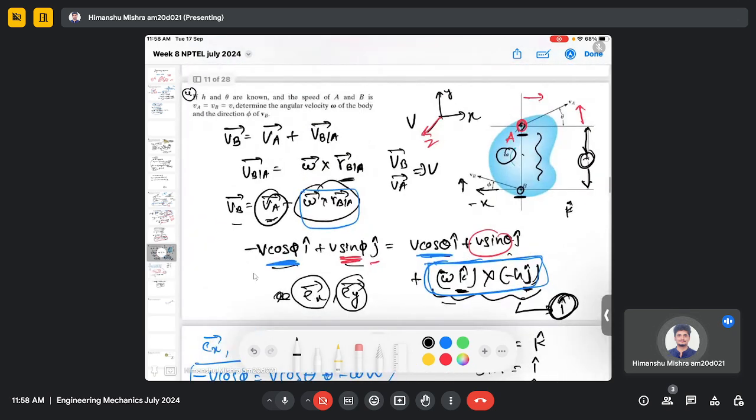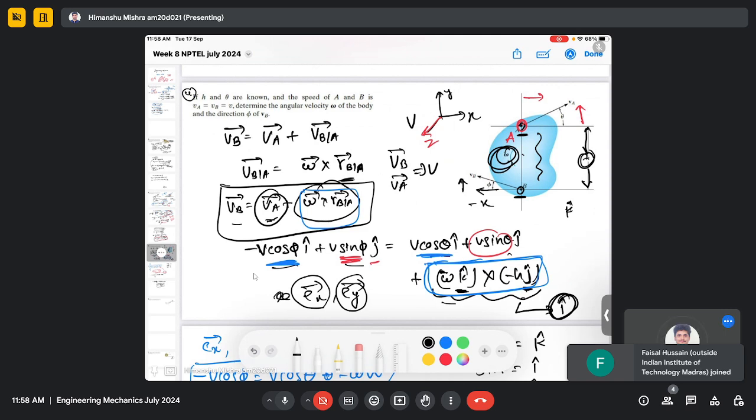So just to recap, we are given the 2 points and the velocity of the 2 points, and we need to figure out the angular velocity. So since we have 2 points, we use the relative velocity expression, because it will connect the velocity of 2 points.